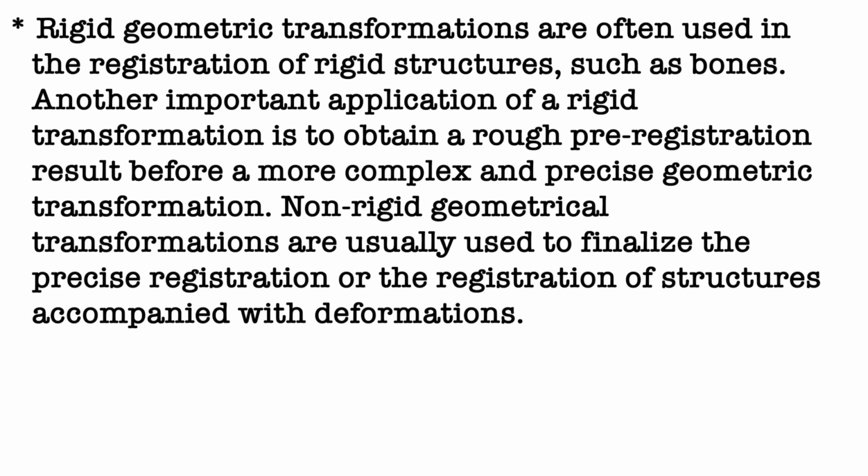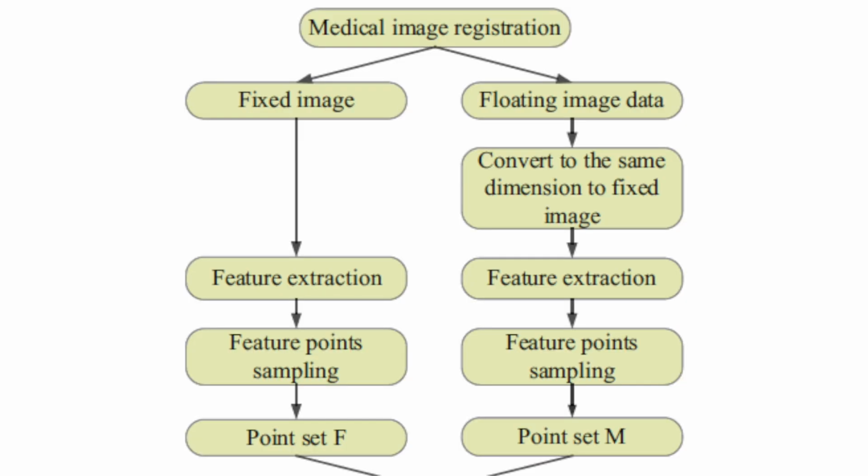deformations. Now, here we can see that medical image registration has different steps, where we have two types of images. The first one is the fixed image and the second one is the floating image data. So, we have to convert this floating image data into the fixed image, then we process both the fixed and floating images in the feature extraction portion.